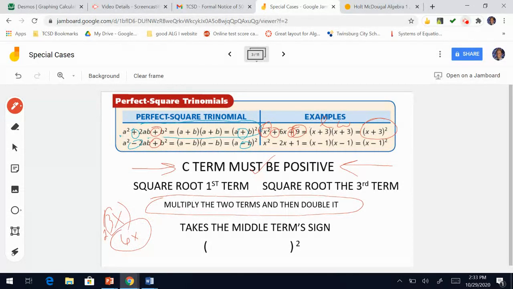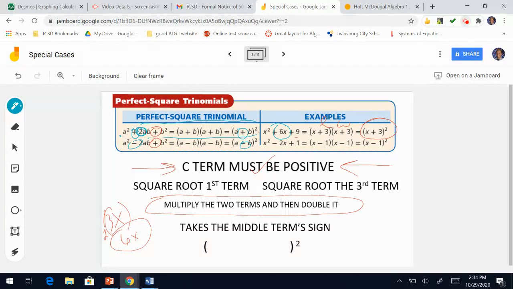If you notice, that is also my middle term here, right? So that's why there is a 2 in that skeleton model, because we're doubling whatever we take the square root of in the first term and the square root of the last term. We multiply those two together, and we double it to get the middle term.